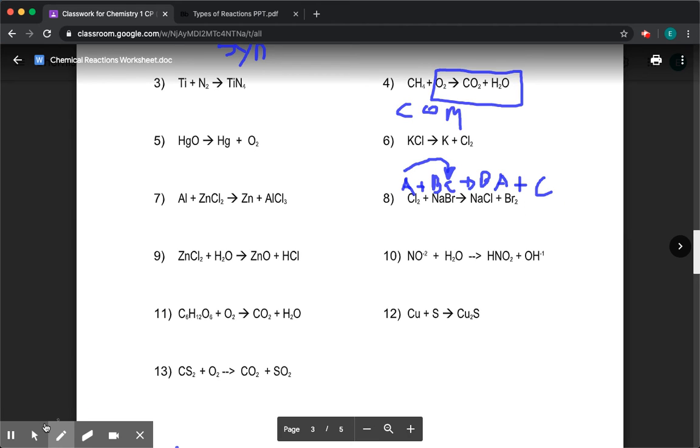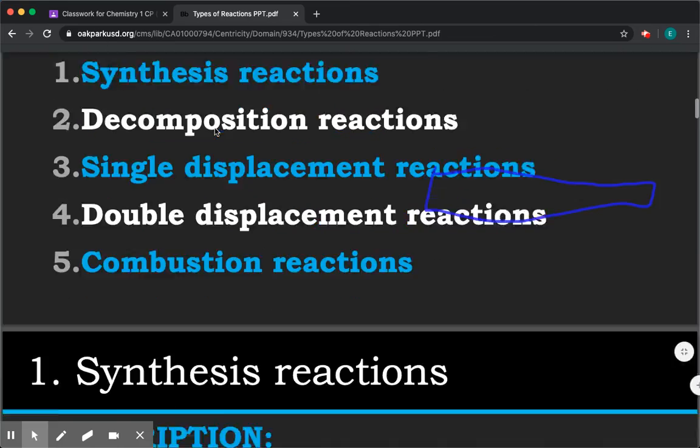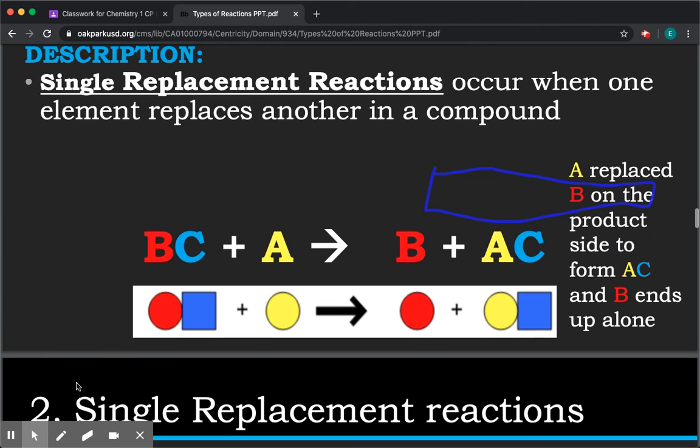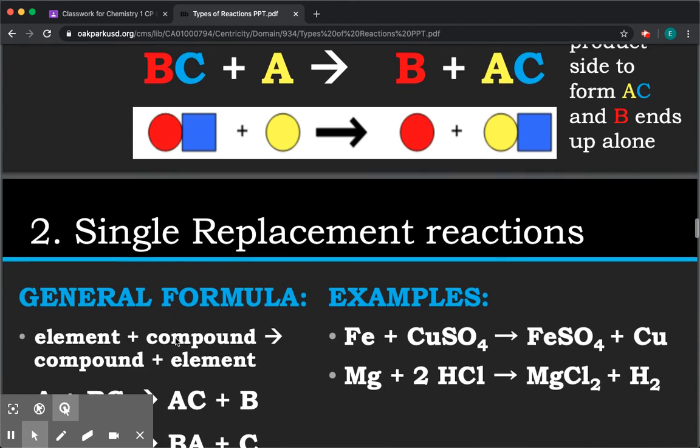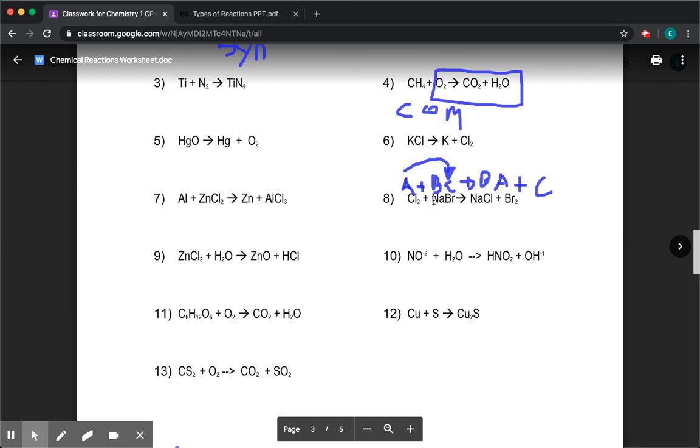What does this look like? That to me looks like single replacement. Somebody partnered up and they got kicked out. This is a single replacement reaction. So 8 would be single replacement. I'm going to just put SR for short.